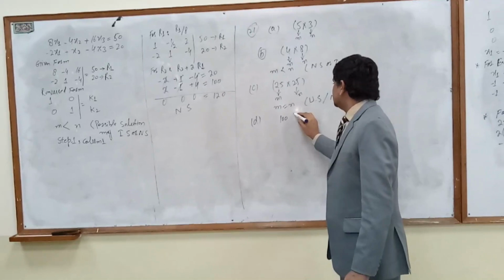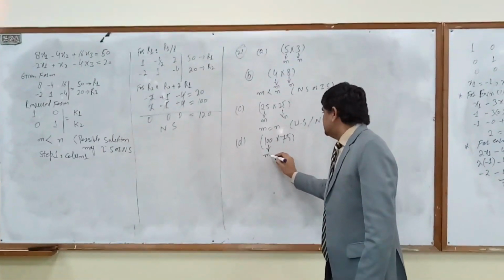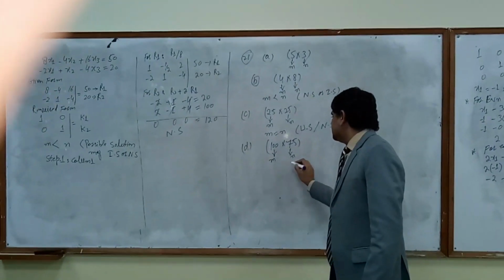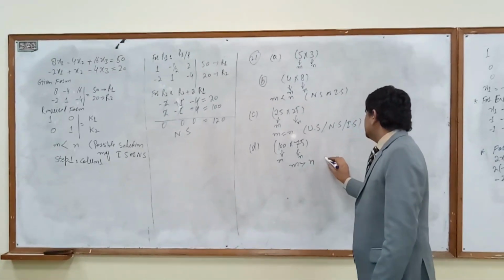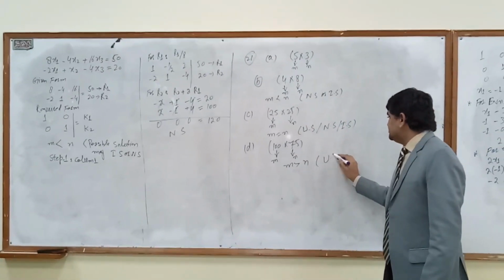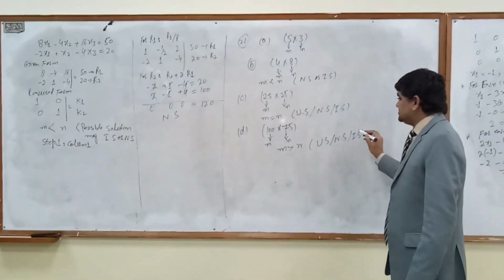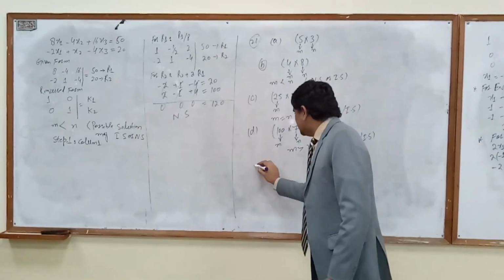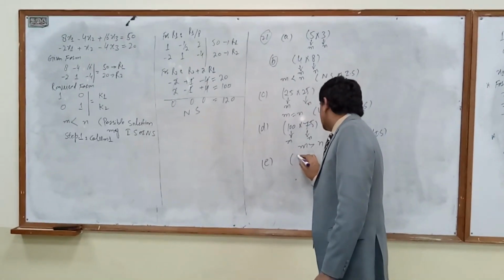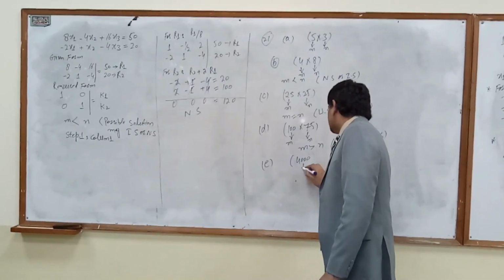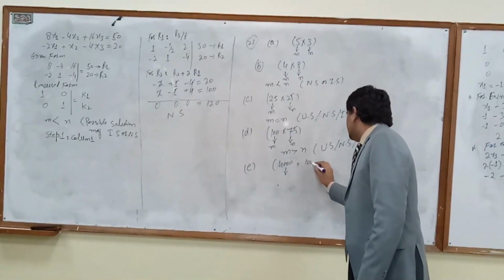Part E is also the same. Rows are 4000 and columns are 1000.